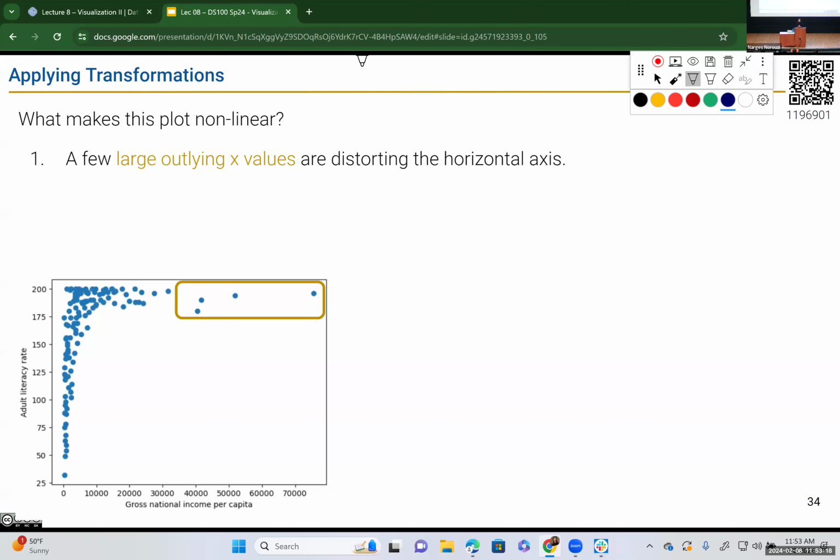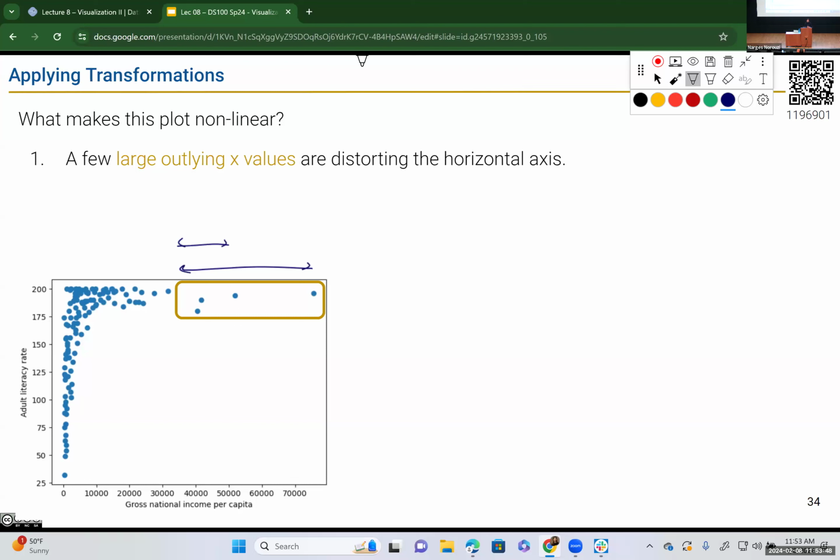So the transformation that we need to do is on the X values. That's right. And we need to use a transformation function that is going to change large values more than smaller values. So let me show you here. Looking at this large distance, I want a transformation that shrinks this distance to some smaller value.